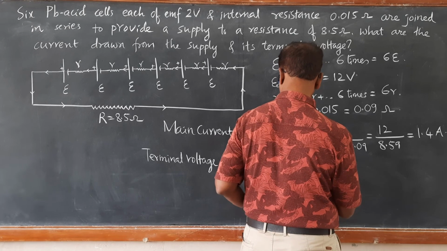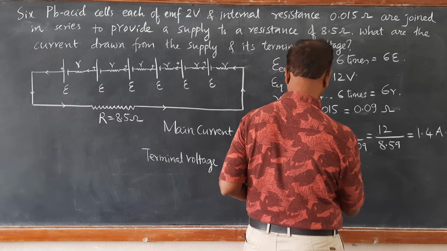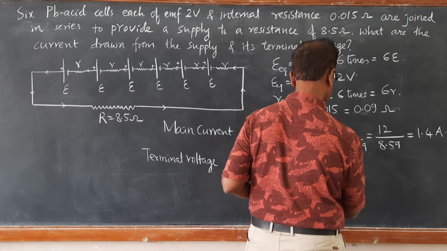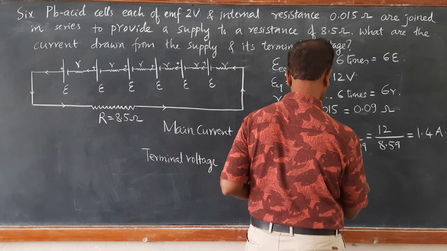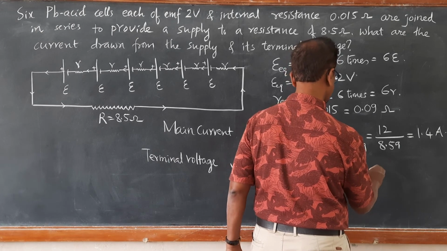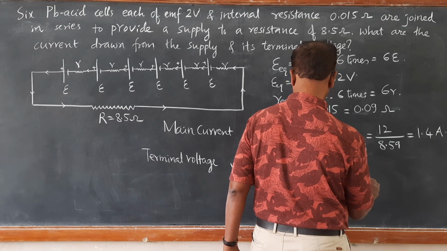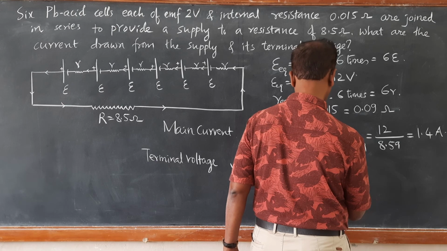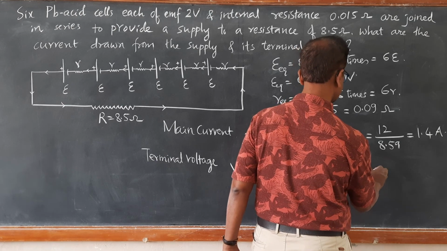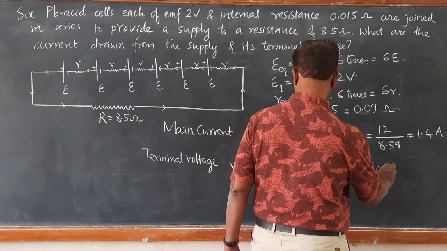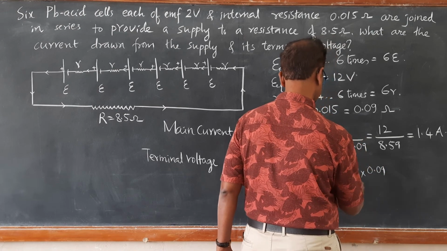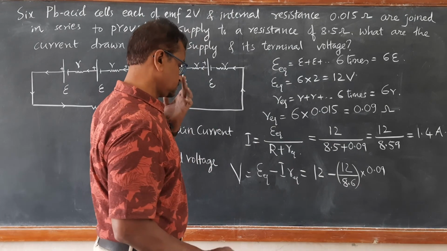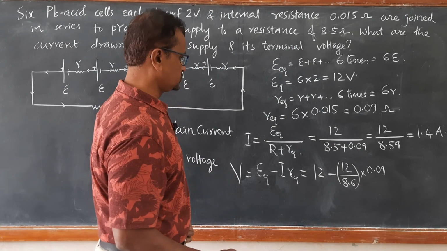12 minus I. We have found out 12 divided by 8, suppose you take it as 8.6, into R equivalent. R equivalent is 0.09.